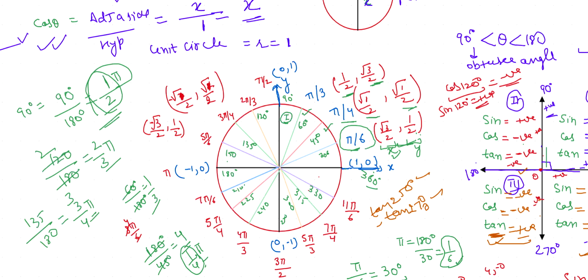Now these angles are residing in third quadrant. Okay. Here is the value for pi by 4. Just opposite to it is 5 pi by 4.